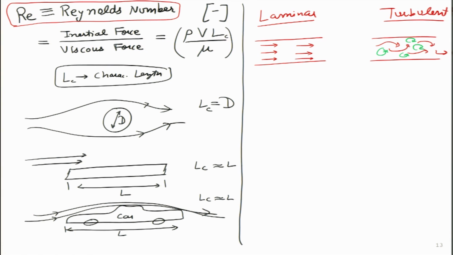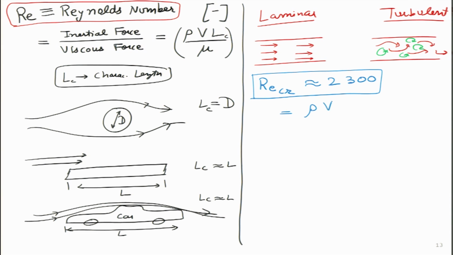And what Reynolds had observed is that in pipes the critical Reynolds number, Re critical, is about 2300, which means no matter what is the diameter of the pipe, what type of fluid I am taking, what is the velocity of the fluid, as long as I calculate this number, I can predict.